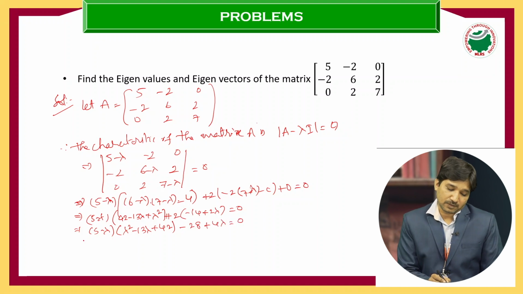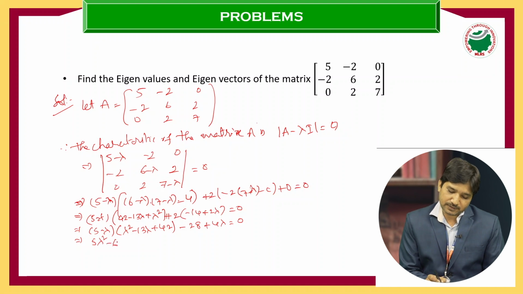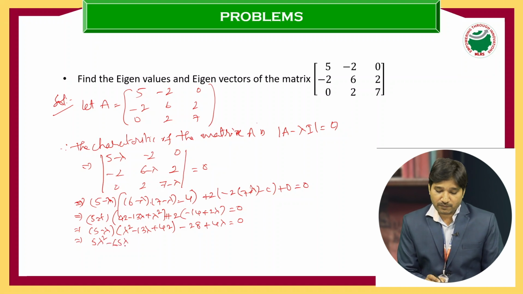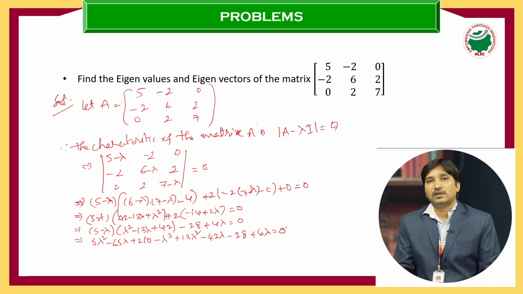We can also write, multiply by 5: 5 lambda square minus 65 lambda plus 210, and minus lambda cubed plus 13 lambda square minus 42 lambda minus 28 plus 4 lambda equal to 0.